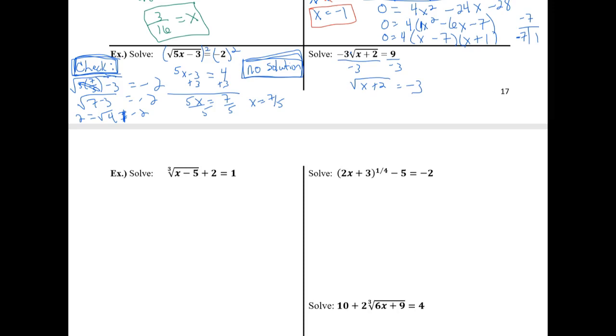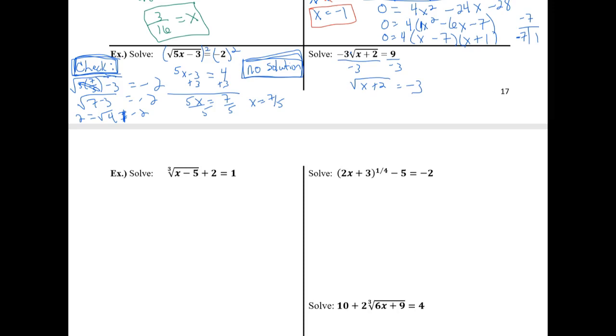So whatever ends up under the radical, if it's a positive number, the square root of that's going to be positive. If it's a negative number, the square root of that doesn't exist. There's no way I can get this square root to equal negative 3.